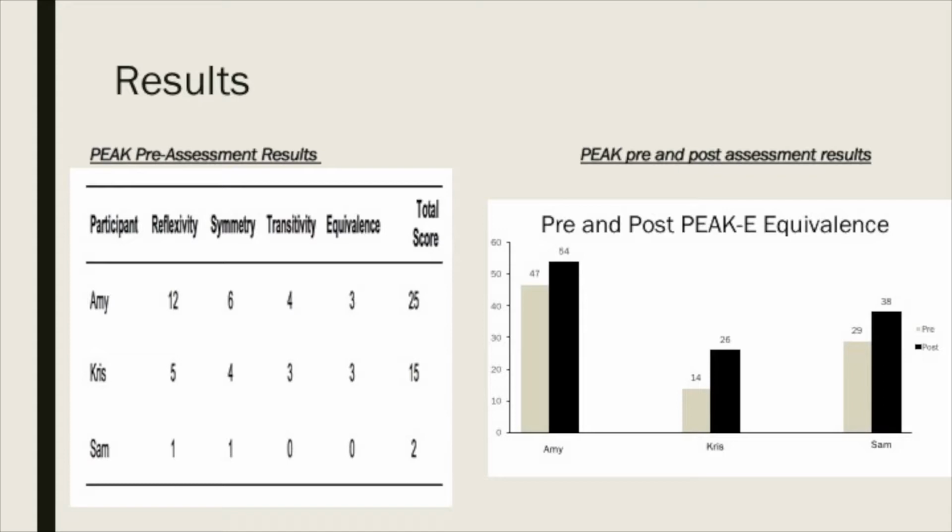Chris scored 14 on the PEAK-E assessment, and he had a pretty significant jump up to 26 after intervention. And then Sam scored a 29 on the PEAK-E assessment initially, and after intervention and working on those PEAK-E curriculum programs, he scored a 38.